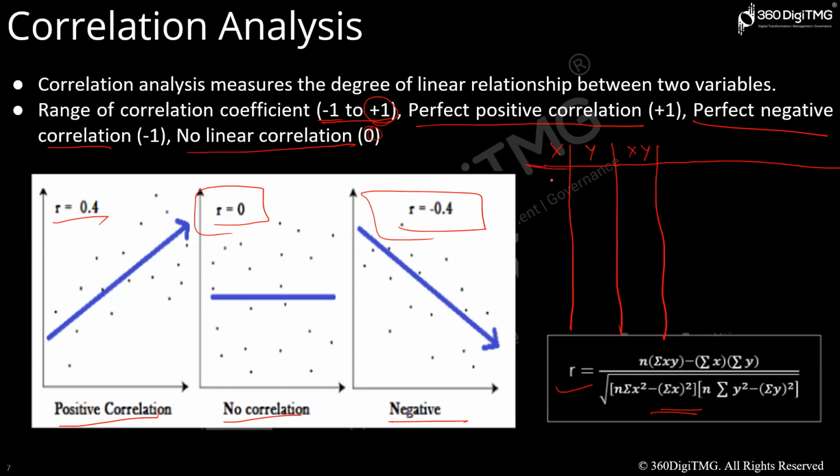Okay. 4, 3, 1, 2, 5. Okay. I have 5, so this is the n sample. N is equal to 5.